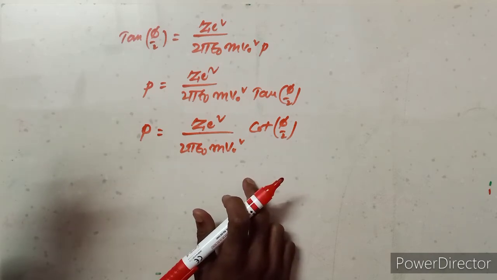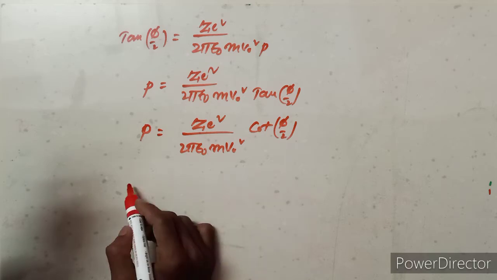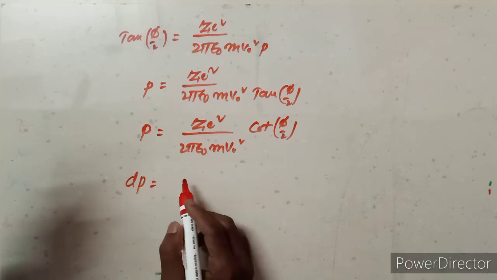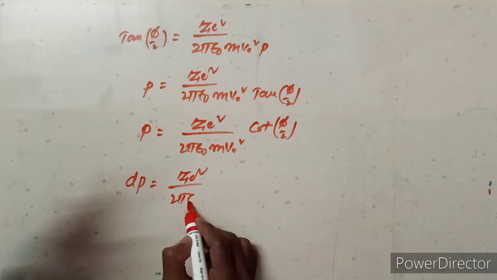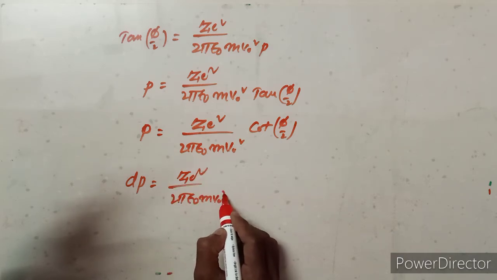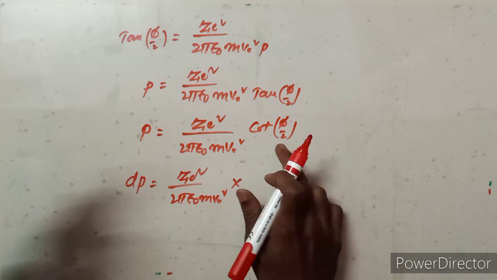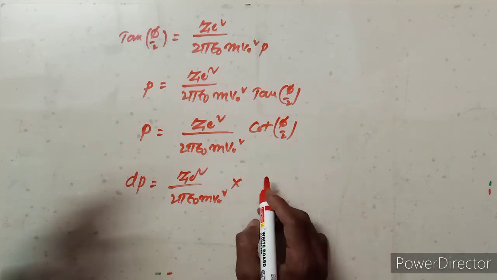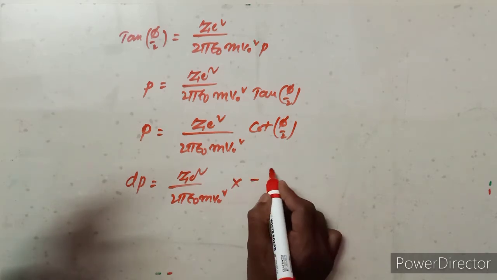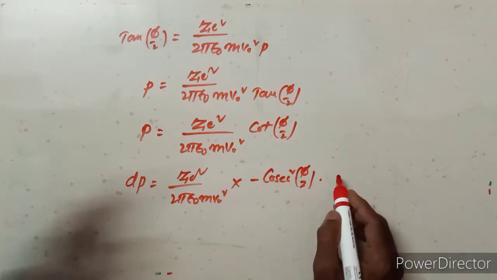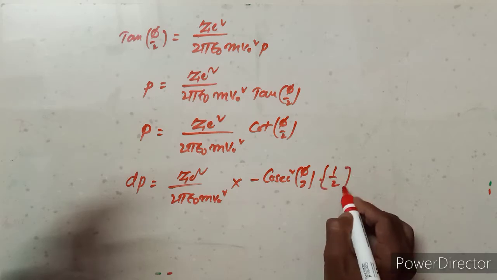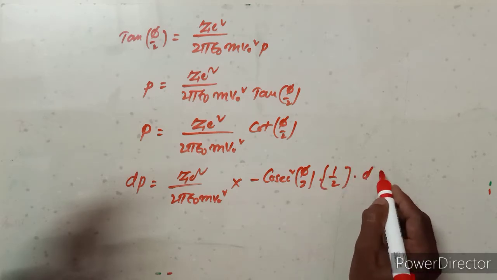So the derivative: dP equals Zq square upon 2 pi epsilon naught m v naught square, and the derivative of cot is minus cosecant square phi by 2, times the inner derivative.